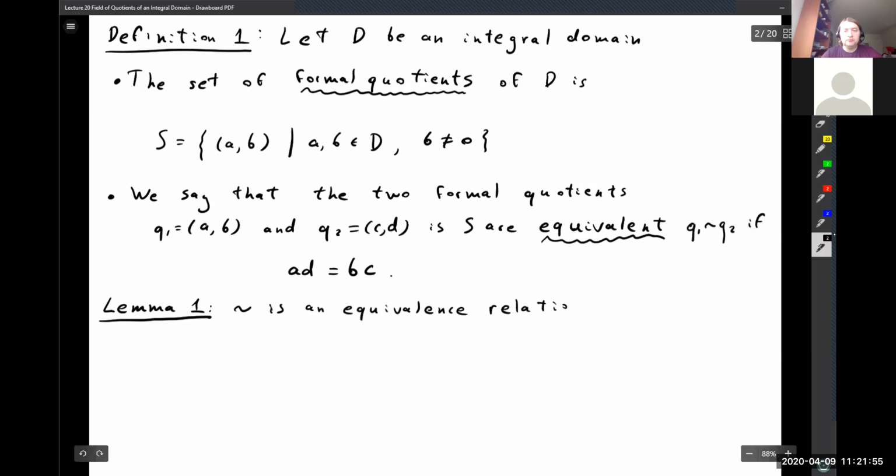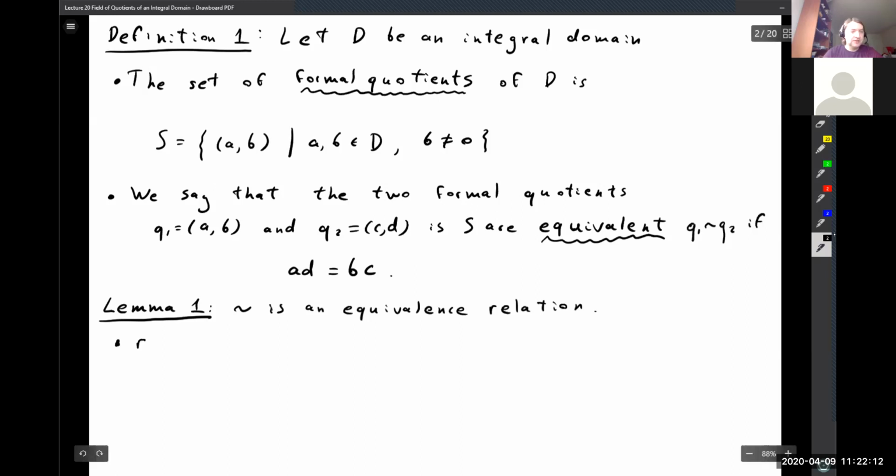In order to prove that something is an equivalence relation, we need to prove three things: that this tilde is reflexive, symmetric, and transitive. So let's start doing this one by one.